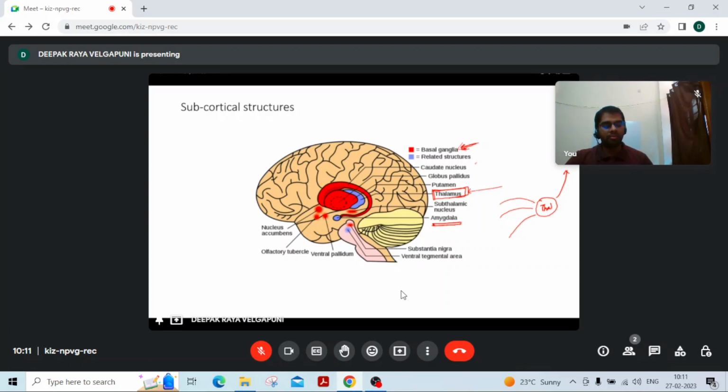It has certain nuclei which have high dopamine. You might have heard that dopamine is a reward signal, and these subcortical structures are arranged that way. These are a part of the basal ganglia: the substantia nigra, the ventral tegmental area, etc.